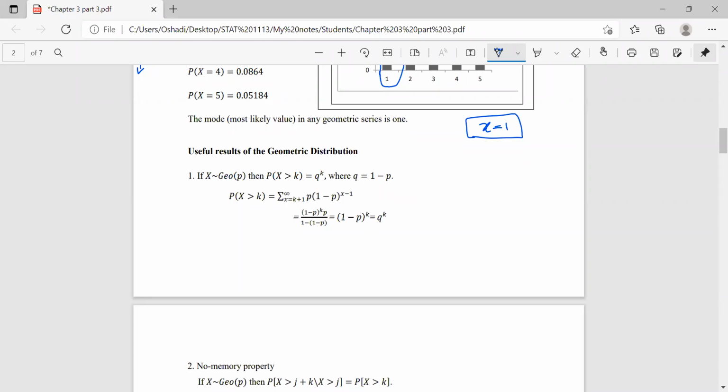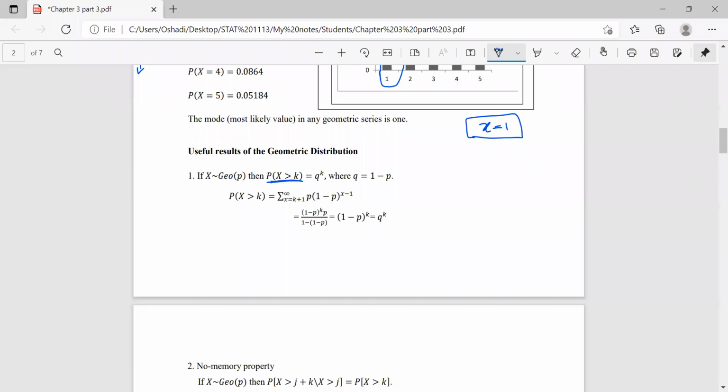The first one is: if X is geometric with probability of success p, then the probability that the number of trials we need to obtain the first success is greater than k is equal to q to the power k. You know that q is the probability of failure, it is 1 minus p, right? That means we have done k trials, but the first success did not occur. That is the meaning of that, right?